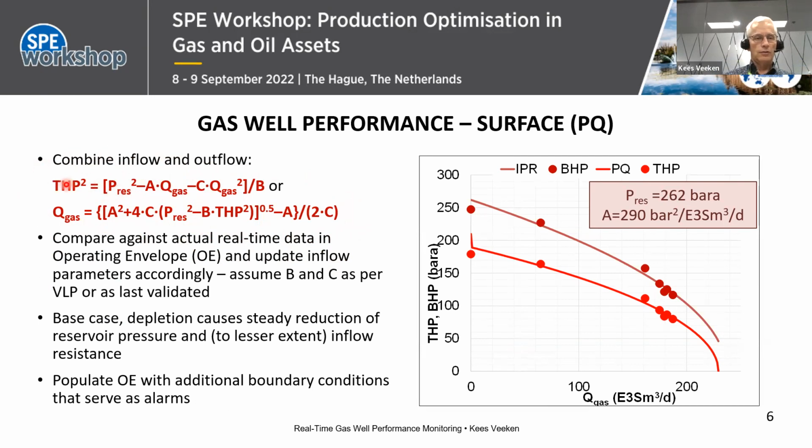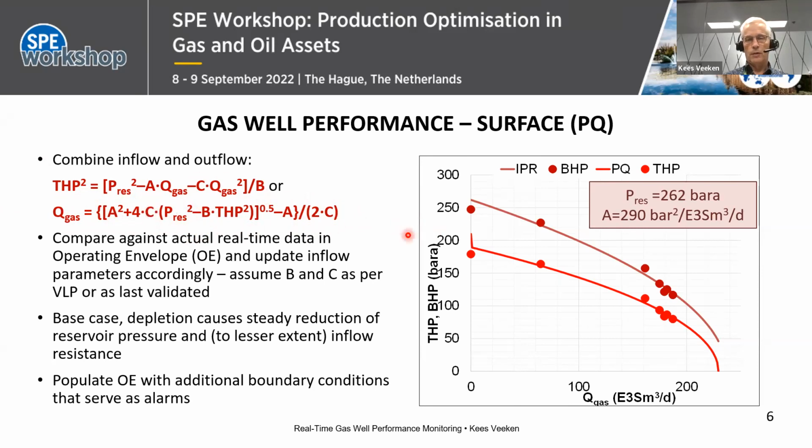You can either write it as tubing head pressure as a function of gas rate, or you can invert the whole thing and write gas rate as a function of tubing head pressure. The other parameters appearing in that relationship are all the usual suspects: the inflow parameters, reservoir pressure and inflow resistance, and the outflow parameters, hydrostatic and friction.